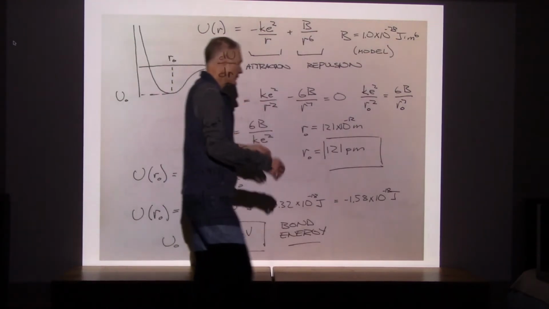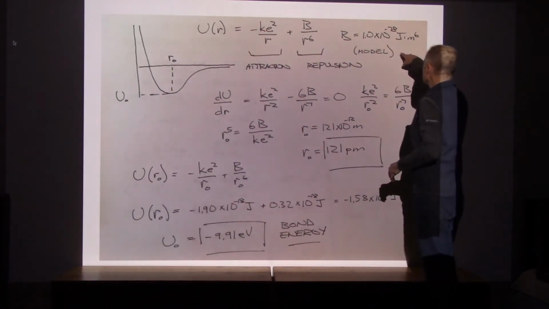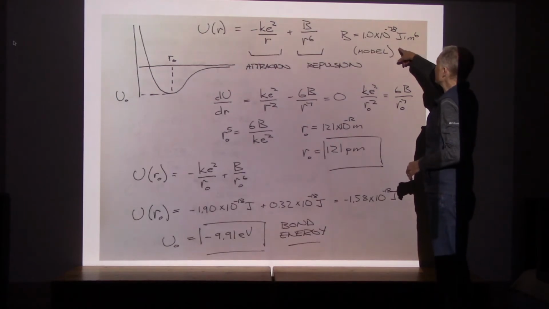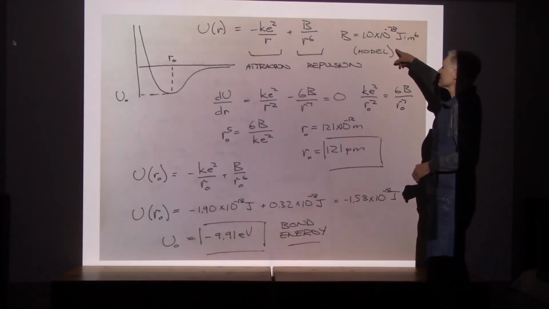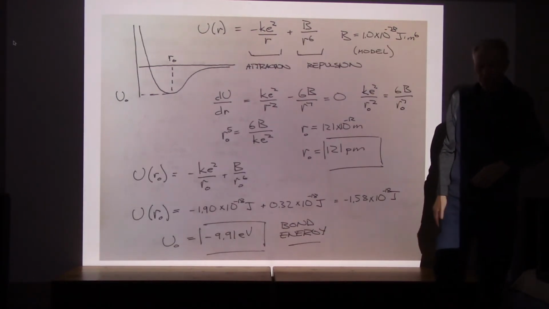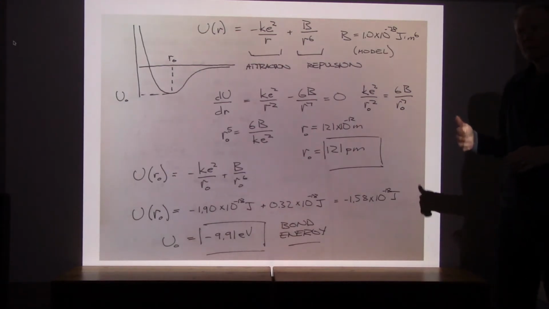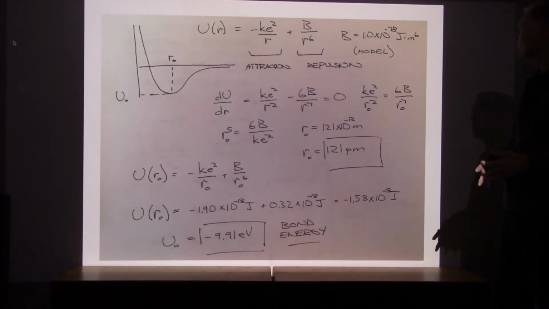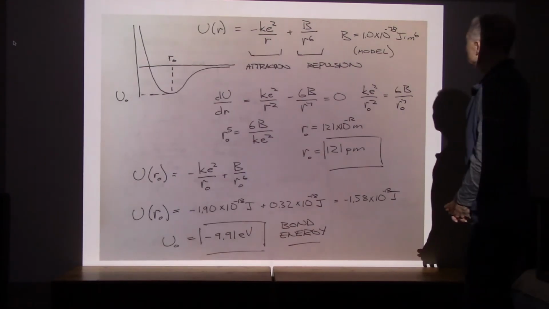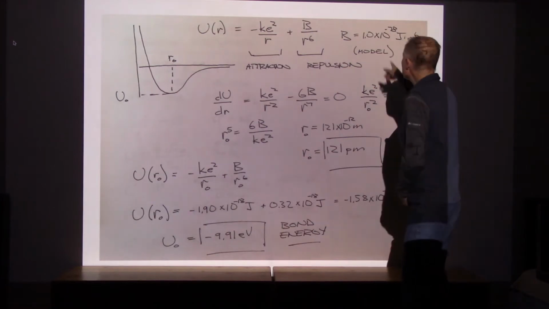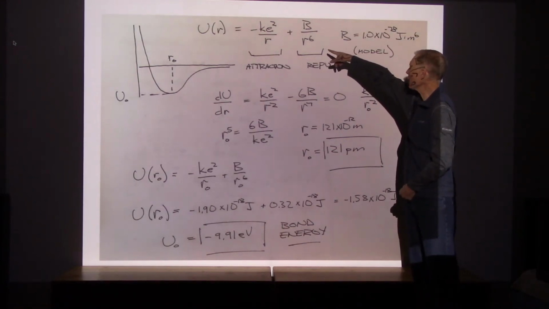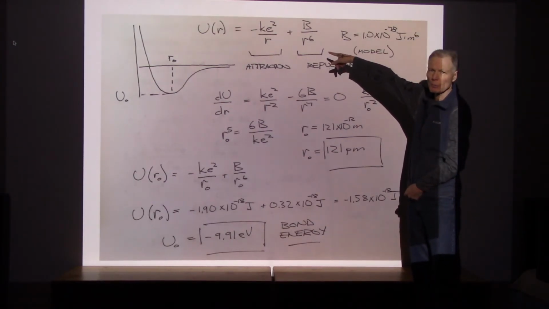Now, for this particular model, in this example, if you look on the slide, they gave us a value of B. They didn't say where this came from. So when chemists or physical chemists take a look and model these kinds of reactions, they're coming up with what power of R should we use for the repulsion.